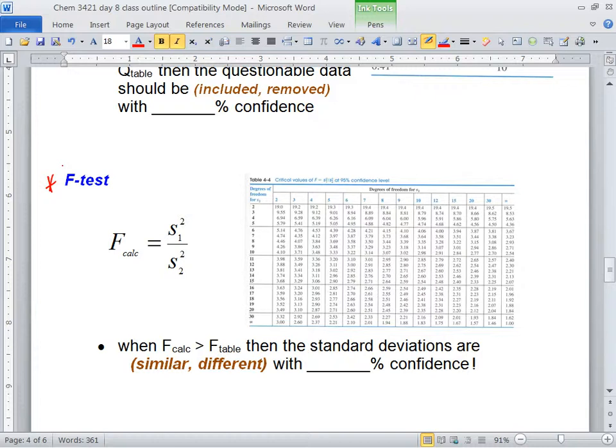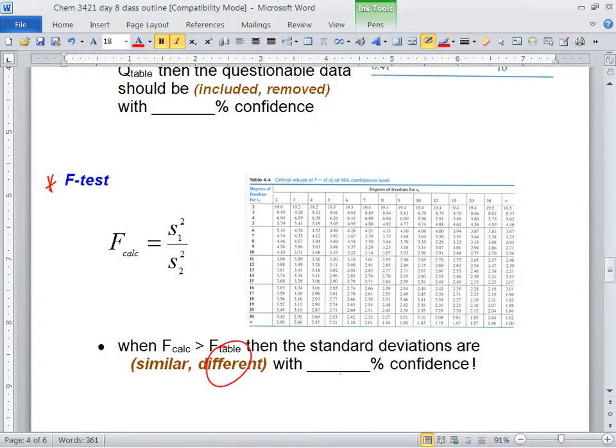Might as well just talk about it now. When F calc is bigger than F table, then the standard deviations are probably different, just like before, T calc bigger than T table. It means negative things.